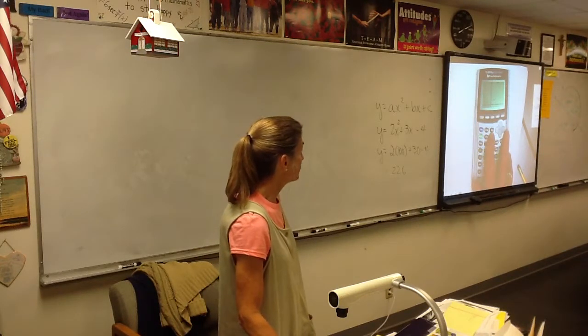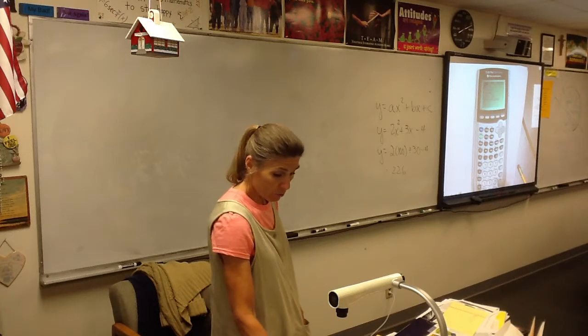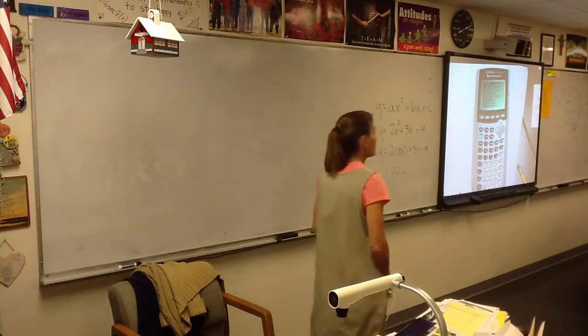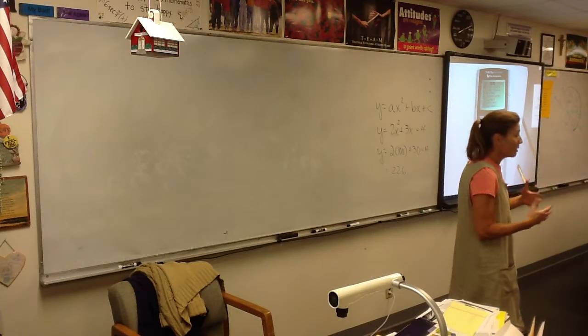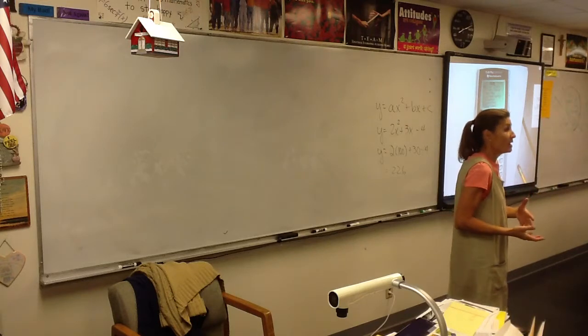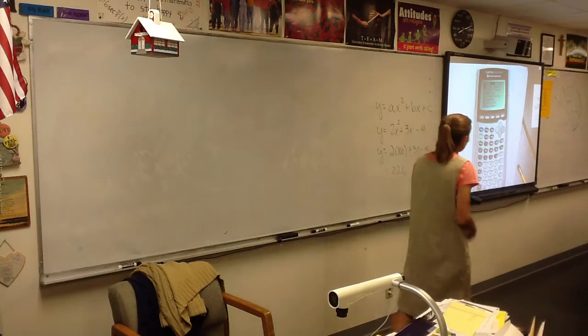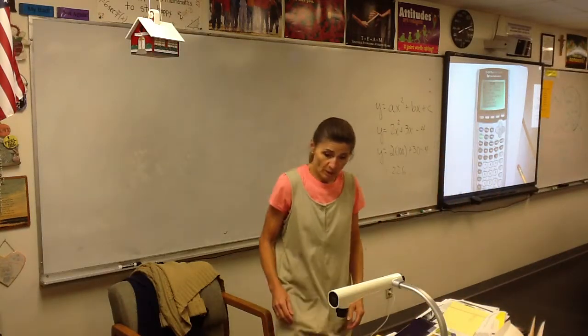We go back to Stat. And we click over to Calc. Remember, in the Stat menu, Edit is where you put stuff in. Once it's in there, you want to do something to it, then you're using the Calc menu. We'll click all the way down to Quadratic Regression.